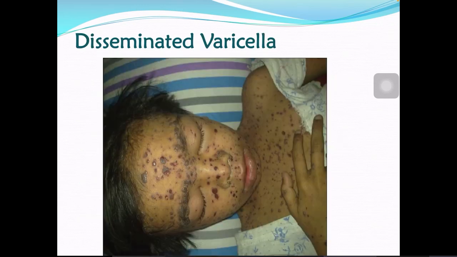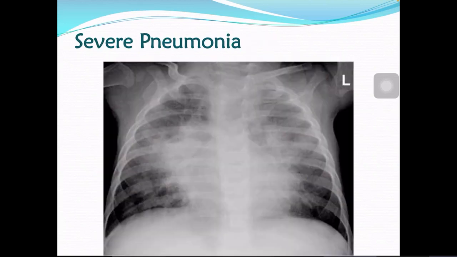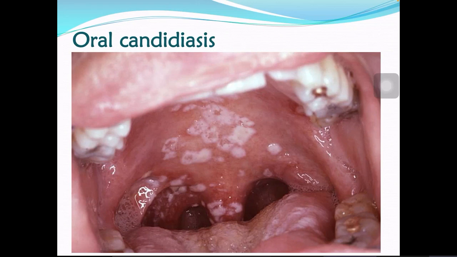So this is to show you how a patient with a T cell deficiency is more prone to viral, fungal, opportunistic infections. Here, a patient having disseminated varicella. Here is another patient with a T cell deficiency having a full-blown bronchopneumonia, which is not responding very well to the treatment that is being used. And I'm sure you can appreciate that this is a patient who is having features of systemic candidiasis.